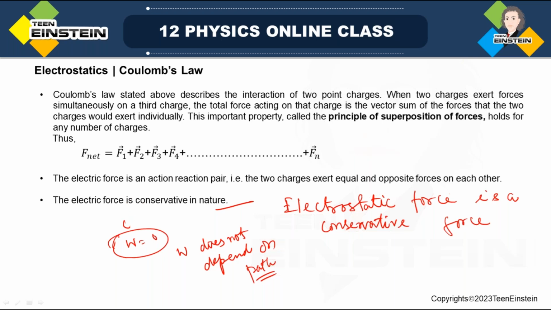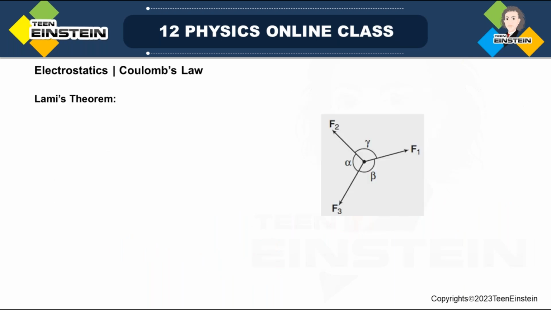Since in a cyclic process the end points are at the same point, there will be zero work done due to this kind of central force. So Coulomb force is actually a conservative force.